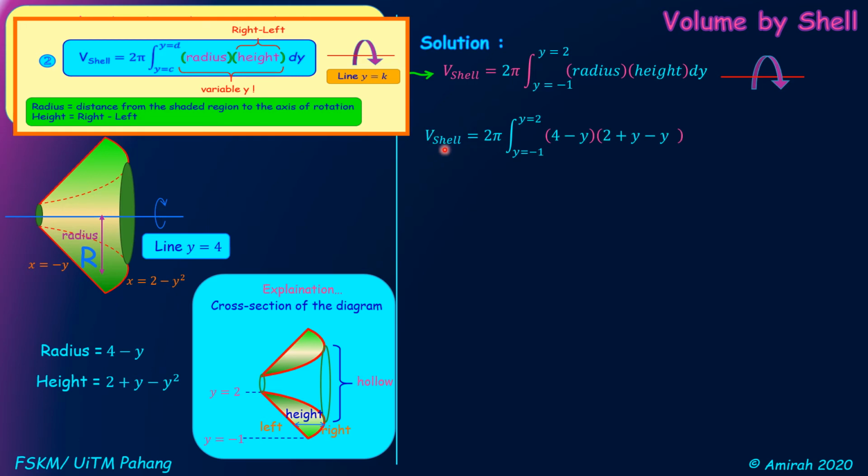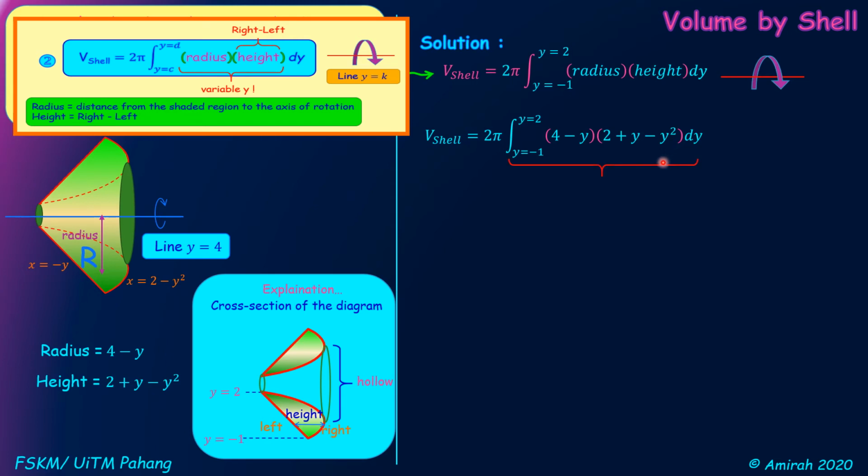So we have volume by shell equals 2 pi, integrate from y equals negative 1 to y equals 2. Then we replace radius with 4 minus y, and we replace height with 2 plus y minus y squared.